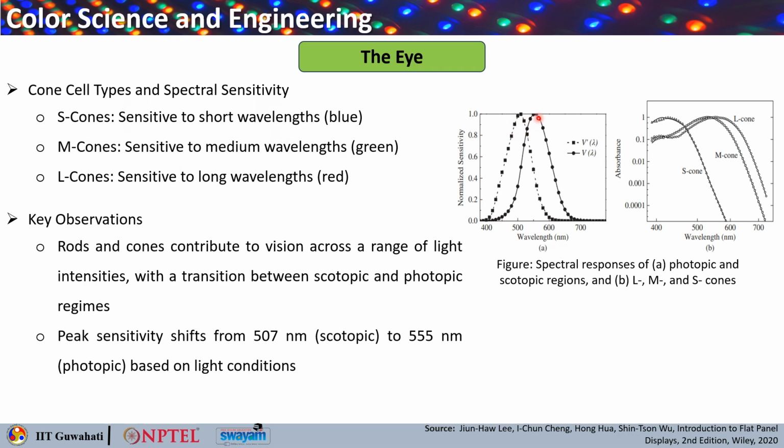Here you can see this is the normalized sensitivity graph. So, at low light your rods are doing good, and then slowly the cones take over, okay. So, there is basically a transition between scotopic and photopic regimes, and the peak sensitivity also shifts from 507 nanometer, which is for the scotopic region, to the photopic region based on the light condition, okay.